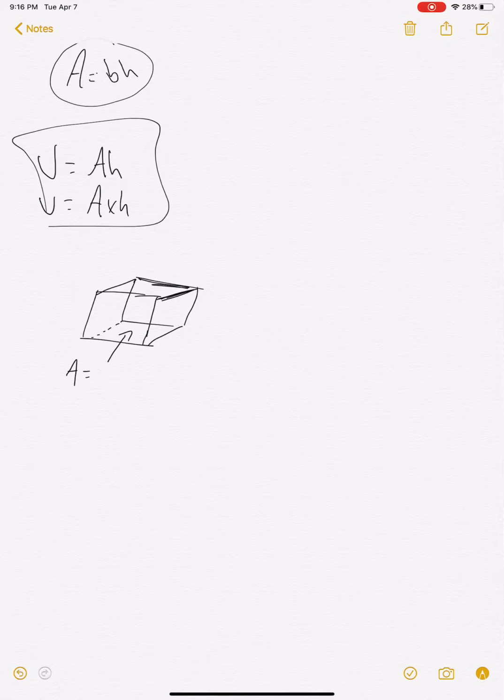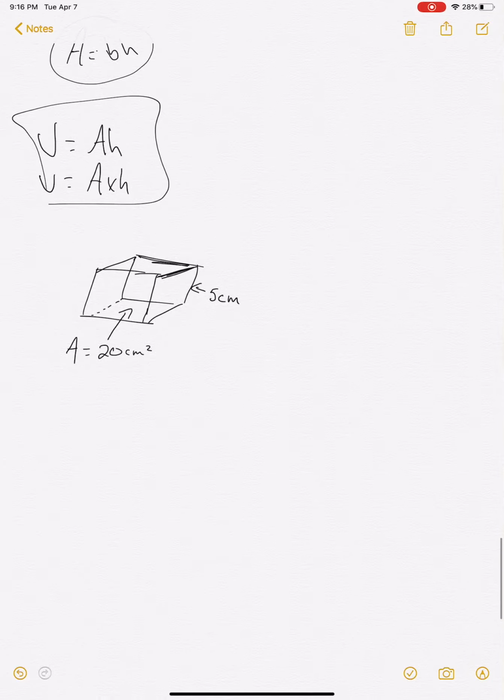This area is, let's say, equal to 20 centimeters squared. And I'll give you the height. The height, let's say, is 5 centimeters.